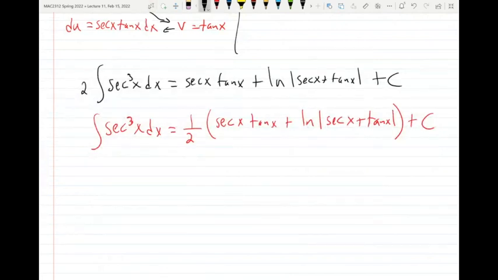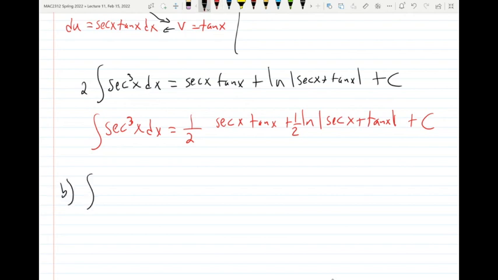Anyways, do you want to see secant to the 5th? I mean, we already have secant cube, so we can reuse it. Let me actually rewrite this without the parentheses and put another 1/2 in here. Okay, just still with the 1/2. Sorry.